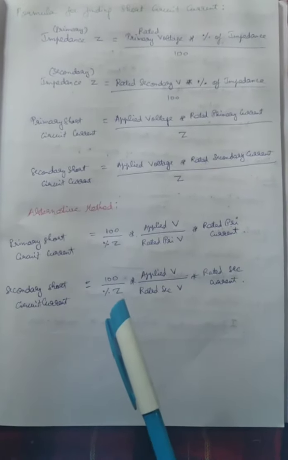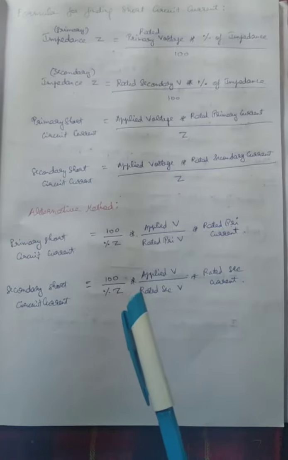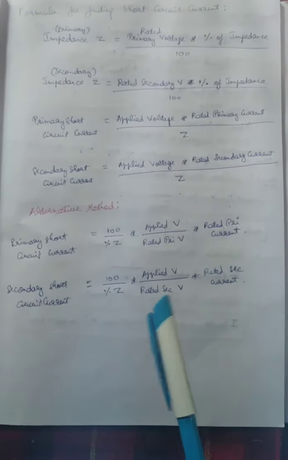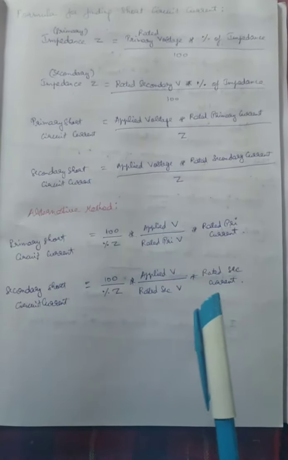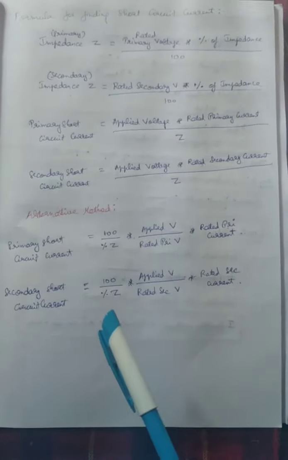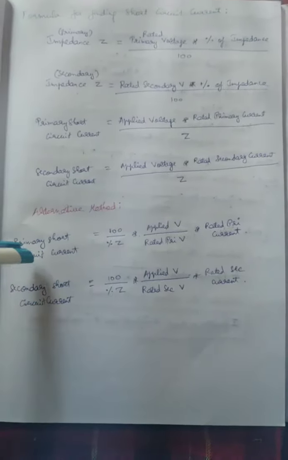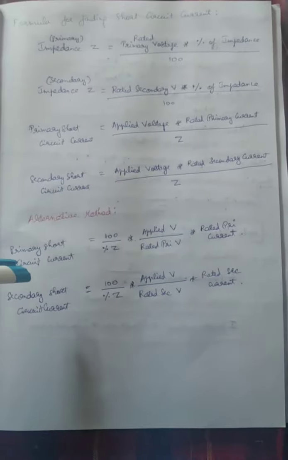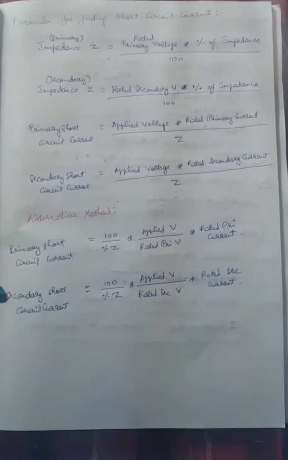Likewise, 100 divided by percentage of impedance into applied voltage divided by rated secondary voltage into rated secondary current. So this is your alternative method, where I have shortened the total formula into a single formula, for calculating the primary short circuit current and secondary short circuit current.